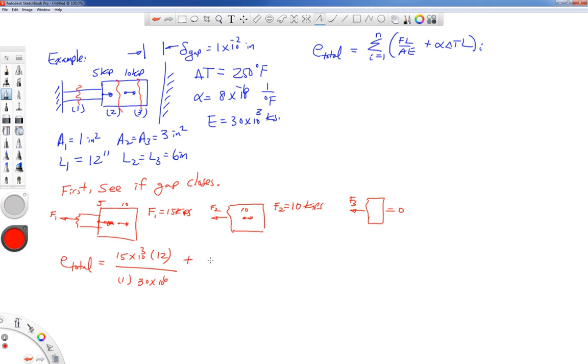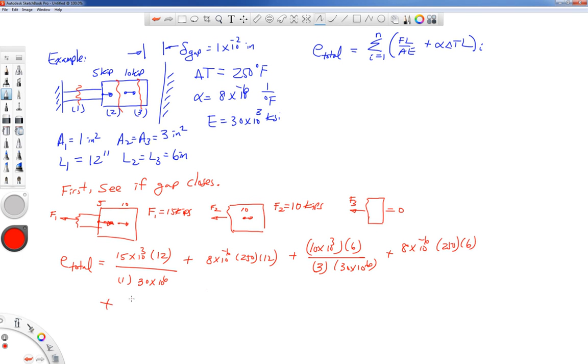Plus alpha delta T L. Now the same thing for section 2: FL over AE plus alpha delta T L.